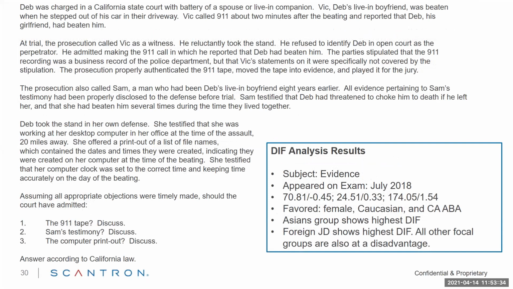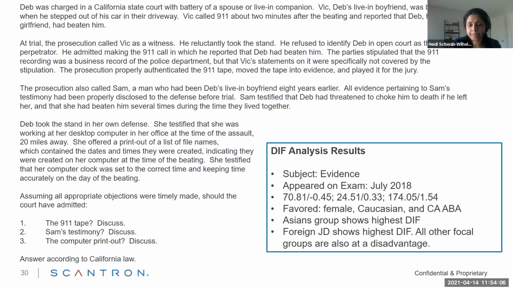Okay, Chaitali, tell us about Deb's diff analysis results. So this item was from evidence category appearing in July 2018 exam form. For the gender category, it favored females strongly, also Caucasian group under the ethnic groups that we looked at, and also CA-ABA for the school type.